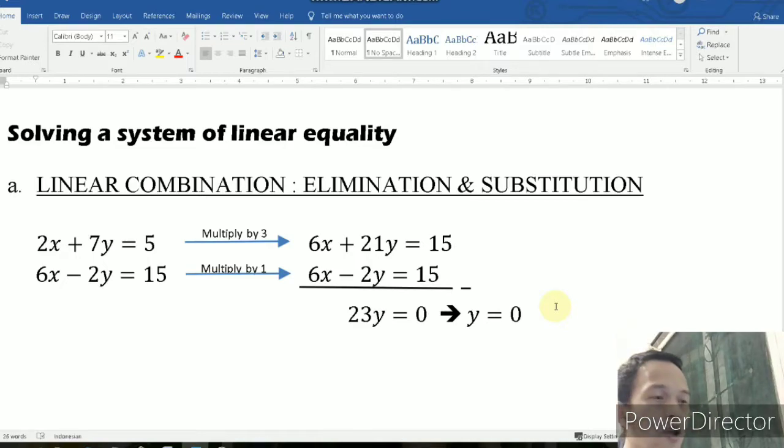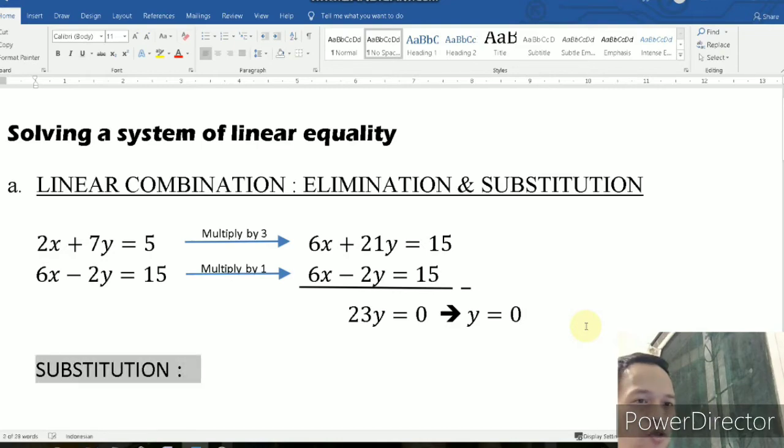Since we now know the value of y, we need to find the x, since we are finding the solution, which is the coordinate of x and y. The other option is finding the x also by elimination, but since we are using linear combination, just use the other method, which is substitution.